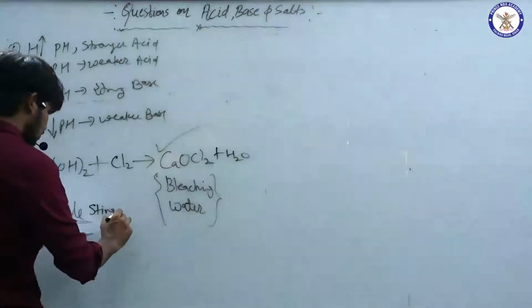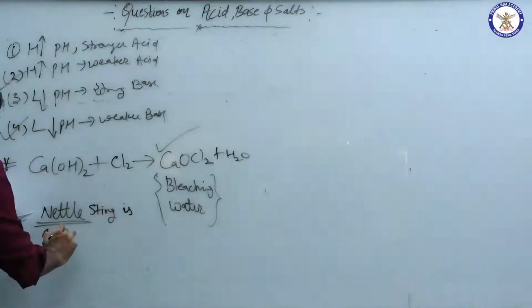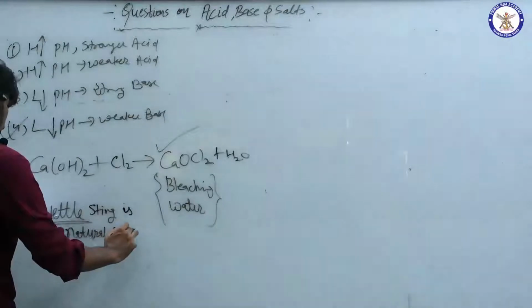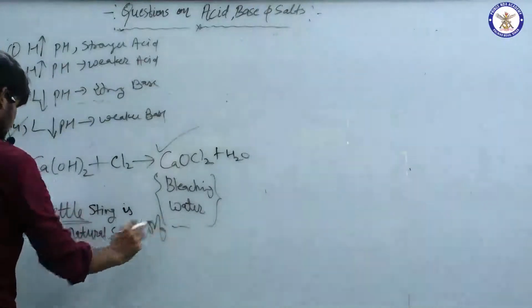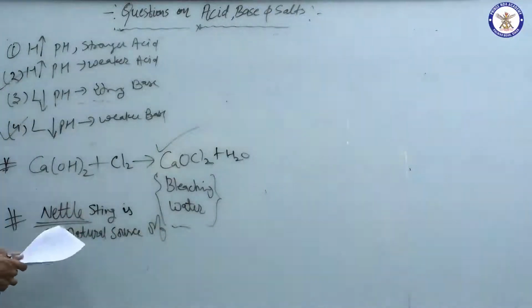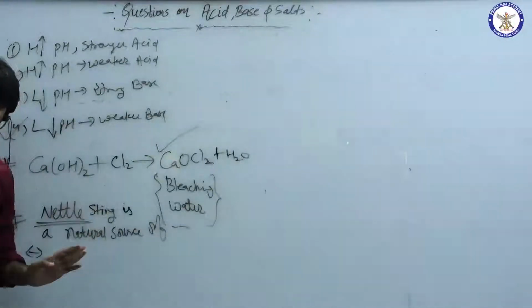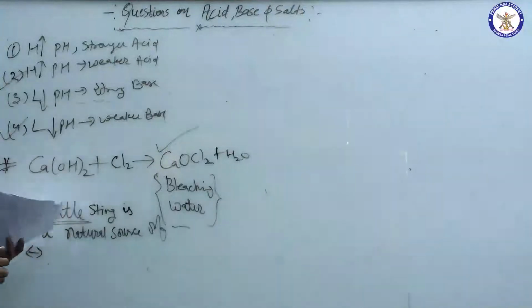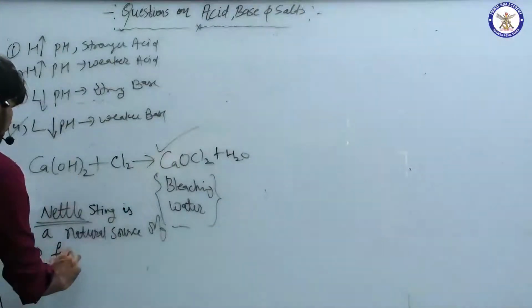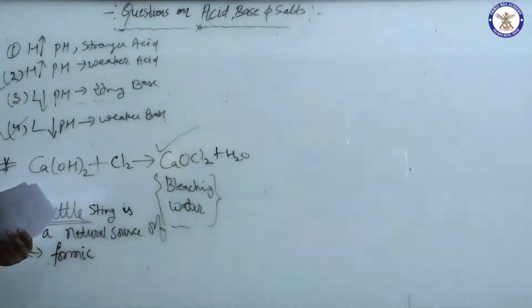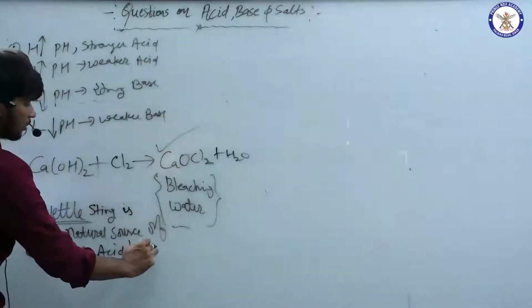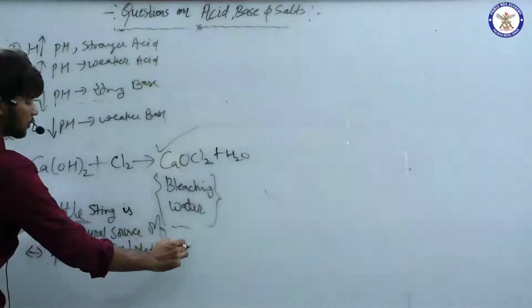Nettle sting is a natural source of which acid? When an ant bites or when a nettle stings, both are the same. So which acid is present in an ant's sting? That is formic acid, or I would say methanoic acid.